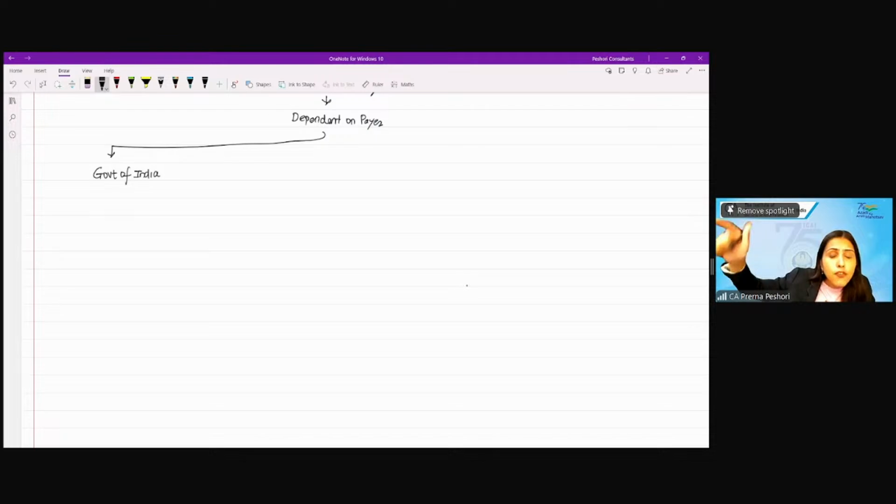What is the status of the payee, whether he is a resident or a non-resident? Who is the payee, students? Who is the recipient of income, whether a resident or a non-resident?